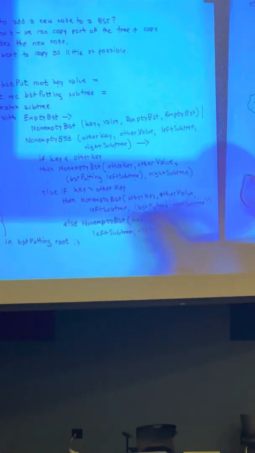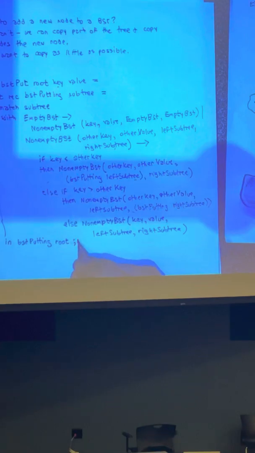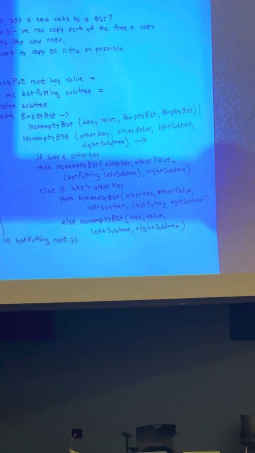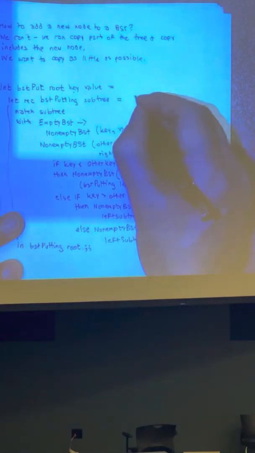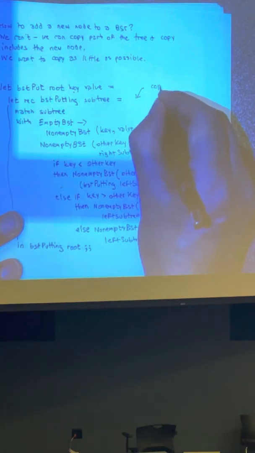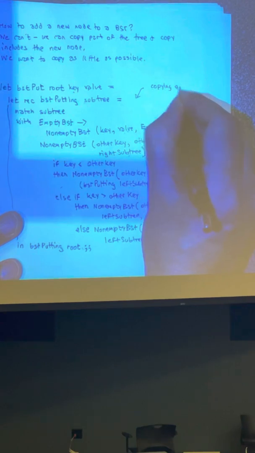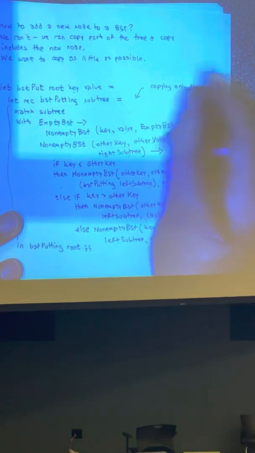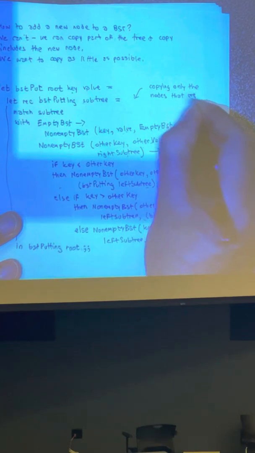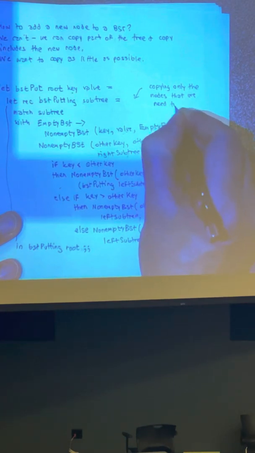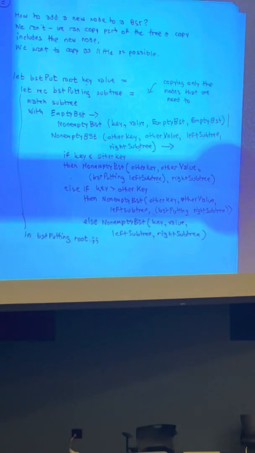Let's actually write this so it really looks like two semicolons. Okay, so there's our whole function. And again, the idea is that we are copying only the nodes that we need to. Okay, and I'm going to show an example of this in a second, but any questions so far?